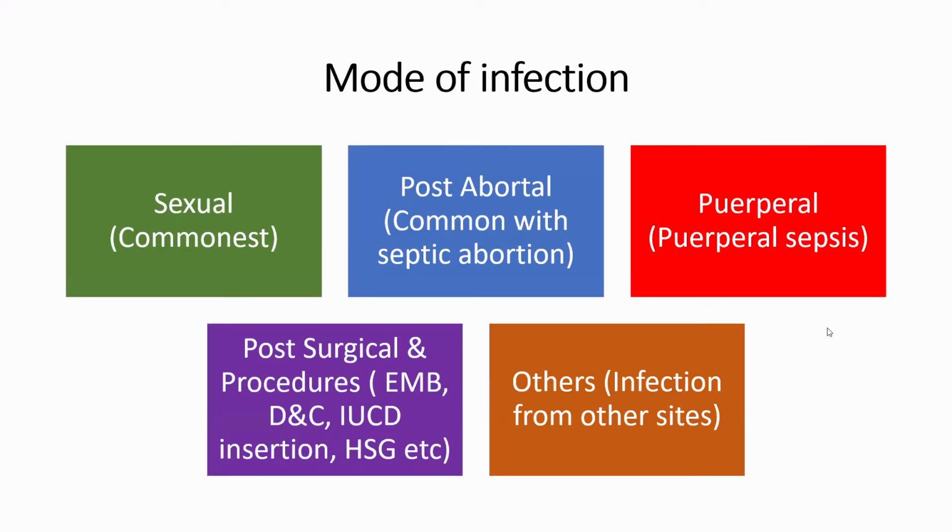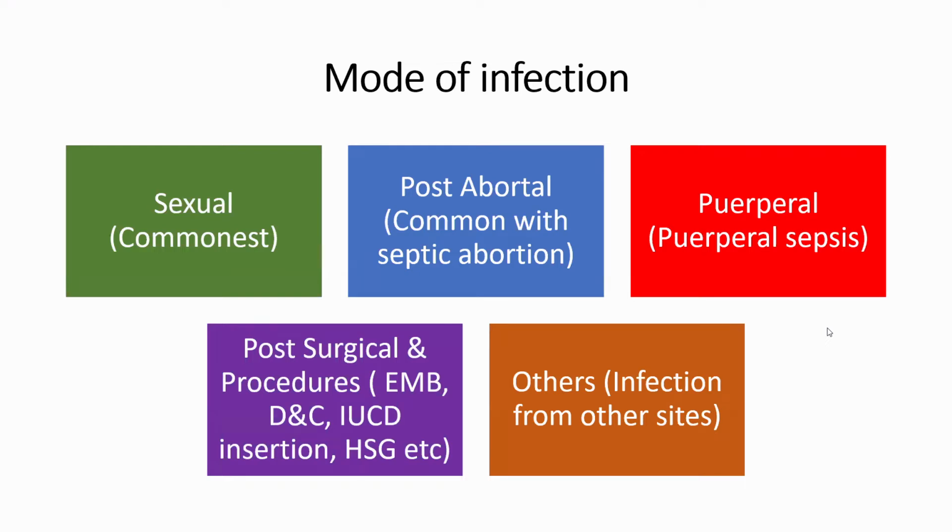We discussed the organisms, so now let's talk briefly about the mode of infection. Commonest, as we know, is a sexually shared infection, with a few exceptions. This is the most common route.